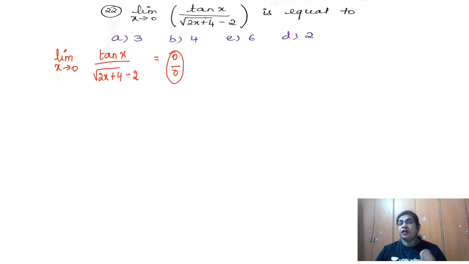Wherever you are getting the 0 by 0 form, what comes to my mind? That means this is not a determinate form, it is an indeterminate form. So how to proceed here? Either I can take the rationalizing factor of the denominator and then proceed, or the best way is using L'Hospital's rule.